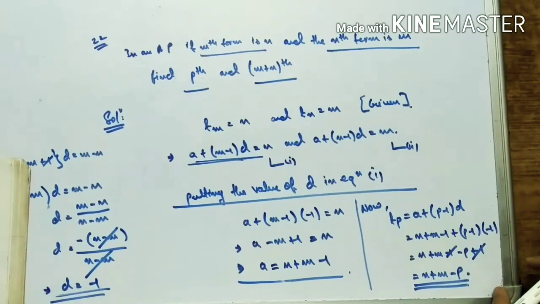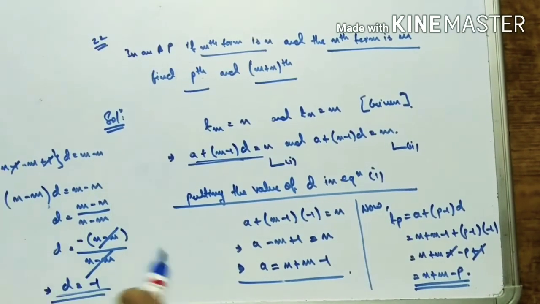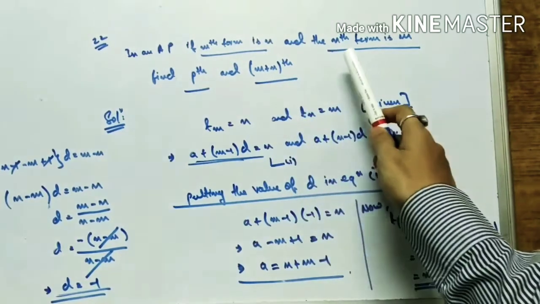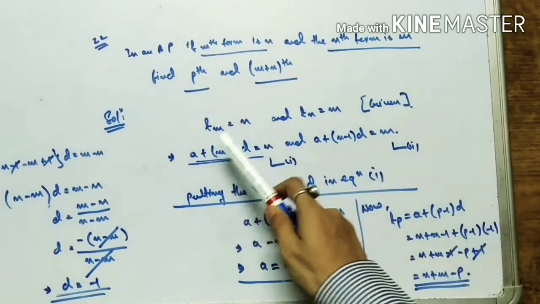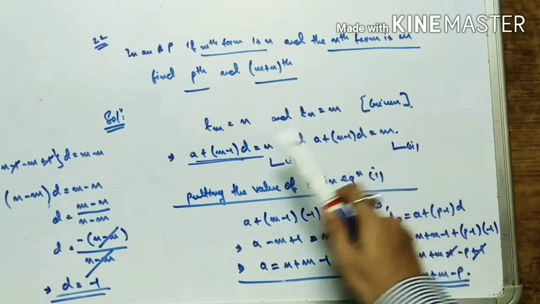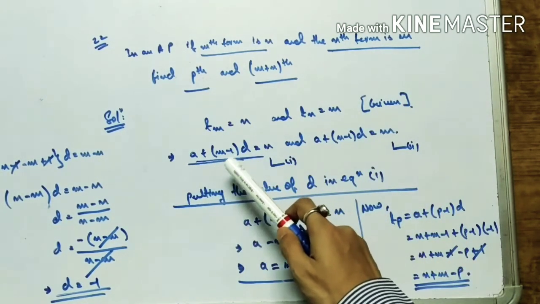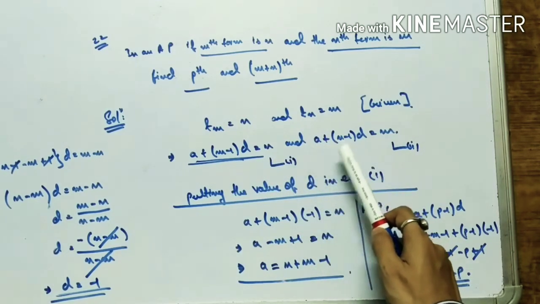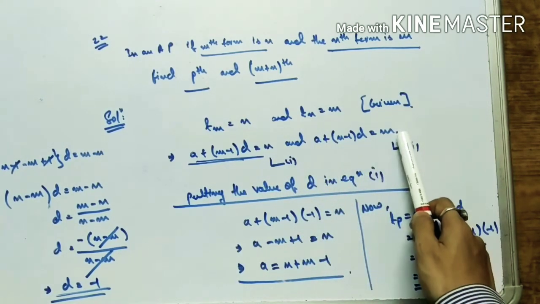So what I have done first: it is given that the mth term is n and the nth term is m. So tm is equal to n and tn is equal to m. tm is a plus (m minus 1)d is equal to n, and tn is a plus (n minus 1)d is equal to m.